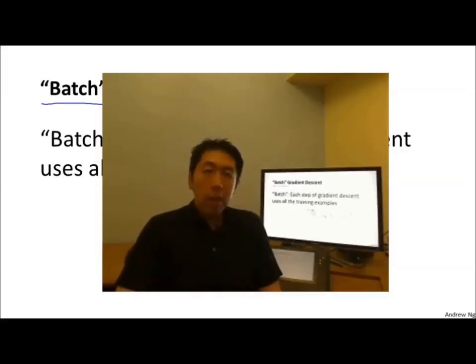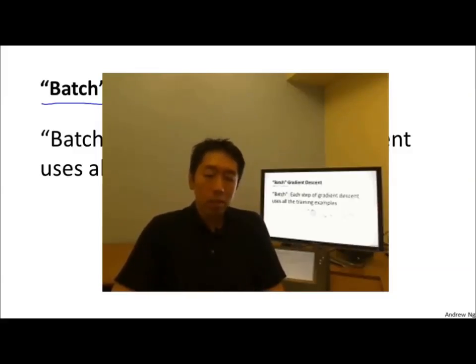If you've seen advanced linear algebra before, some of you may have taken a class in advanced linear algebra, you might know that there exists a solution for numerically solving for the minimum of the cost function J without needing to use an iterative algorithm like gradient descent. Later in this course, we'll talk about that method as well, which just solves for the minimum of the cost function J without needing multiple steps of gradient descent.